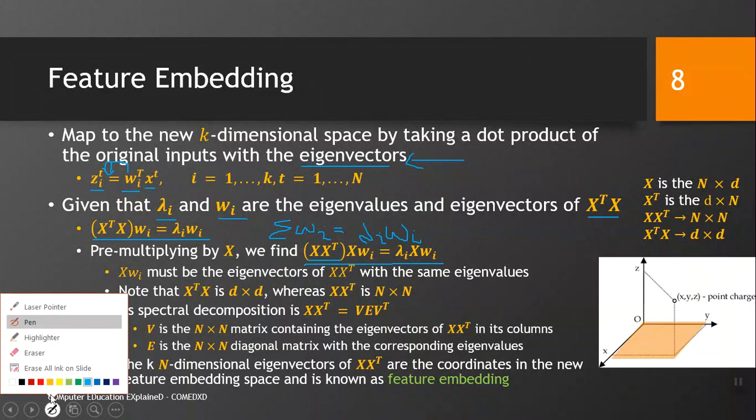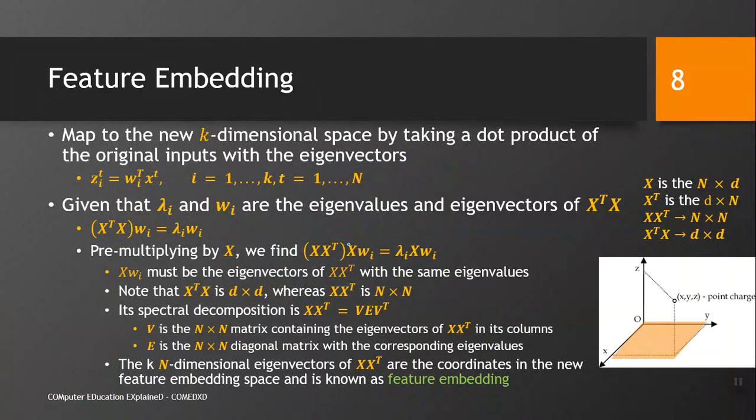If we consider that this is the eigenvector matrix, you can say that this is A W equal to lambda W, which is the basic equation for the eigenvalues and the eigenvectors, which we have seen in the previous lecture.